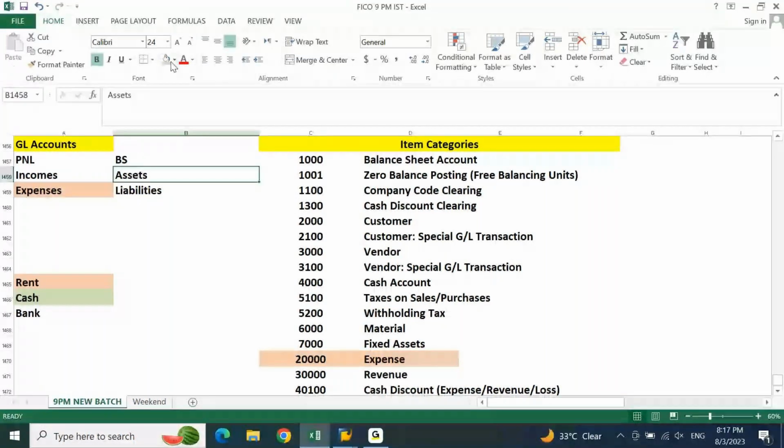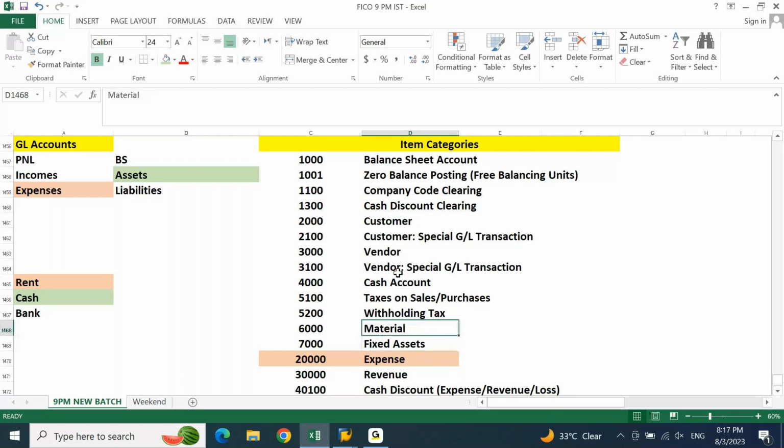In asset, which item category does it fall under? For asset, I can say balance sheet account, fixed asset, material, my customers, cash account also. Now you need to look at the respective GL account, what it is, and accordingly map the respective item category. Only then is the system going to perform the document splitting properly. If this mapping is incorrect, your document splitting may go wrong. The system may not be able to split the entry.